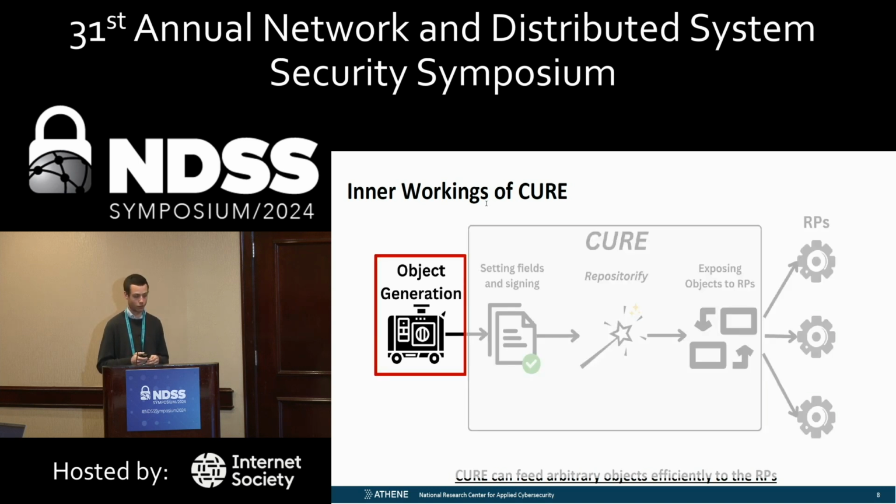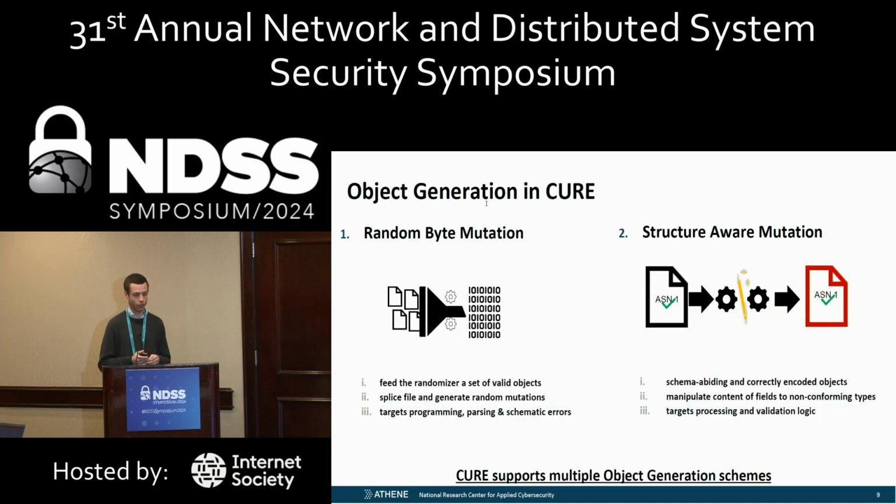Now let's quickly go over our object generation. So we implement 2 different modes. The first mode is random byte mutation. So we just put in a valid RPKI object and then flip random bytes, switch random bytes, and so on, which will generally not result in a valid object, but it will be able to trigger potential bugs in the parsing of the RPs.